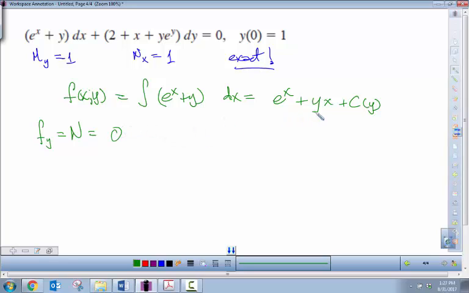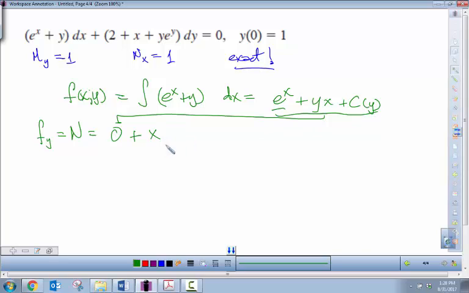I'm going to explicitly put a 0 there, because I'm looking at this derivative here, 0. The derivative of y times x with respect to y: x is a constant, y is a variable. This is like saying the derivative of 2y is 2, so the derivative is just going to be x.